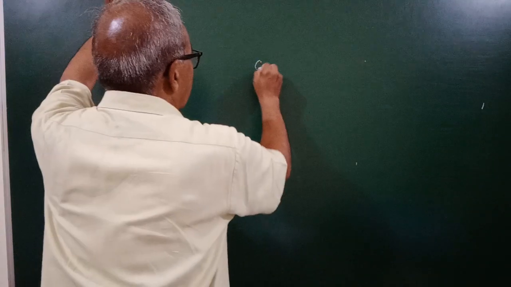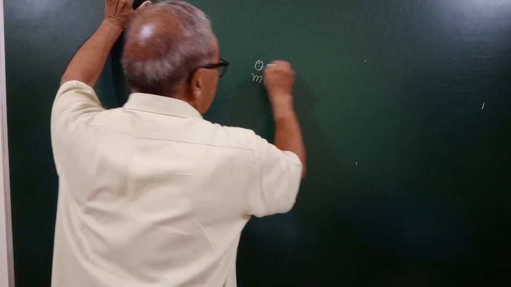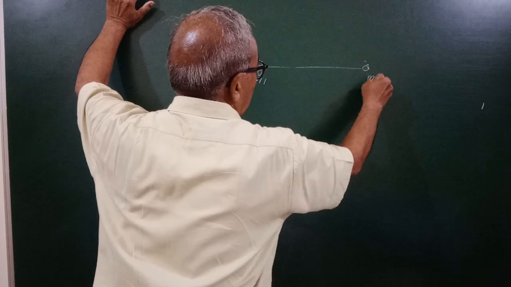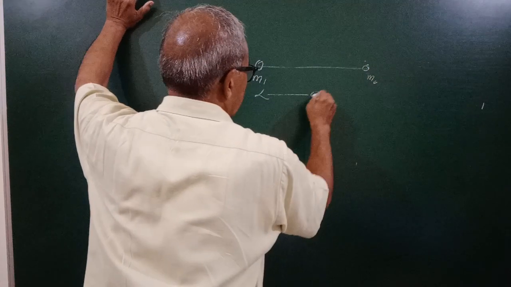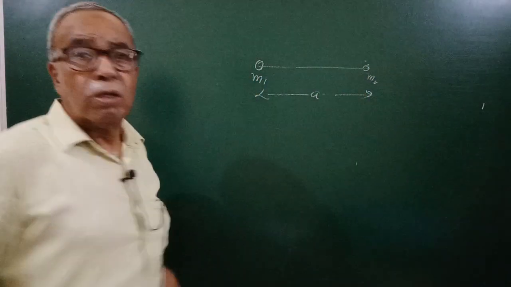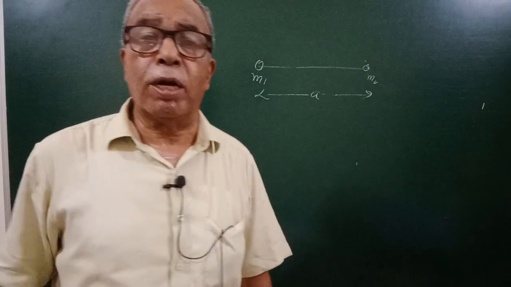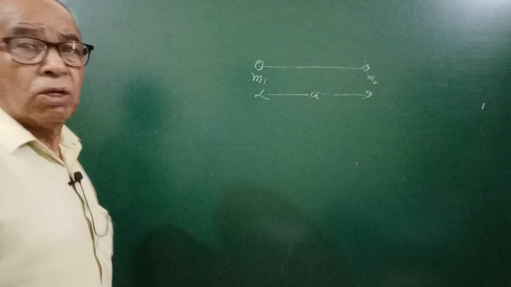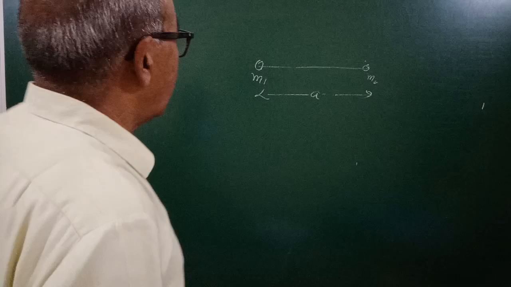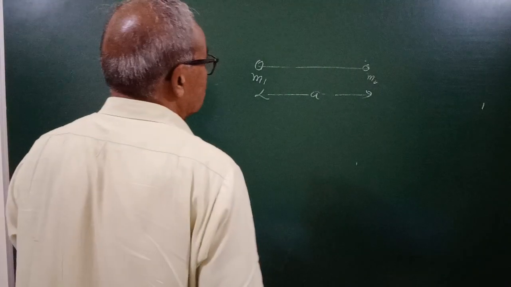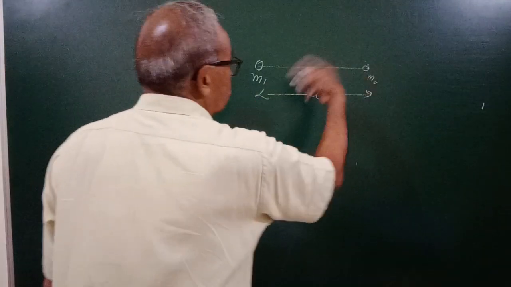Here, masses m1 and m2 are at distance a from each other. You are asked to find the distance of the center of mass from m1 and m2 both.